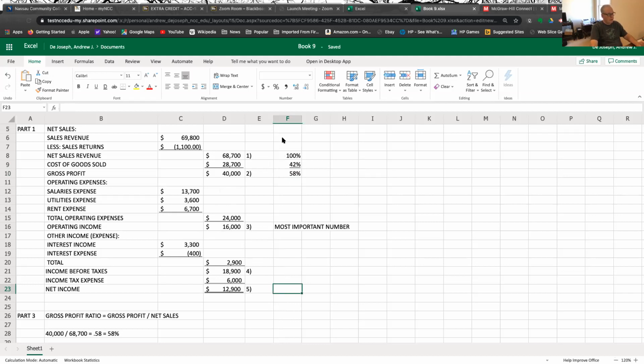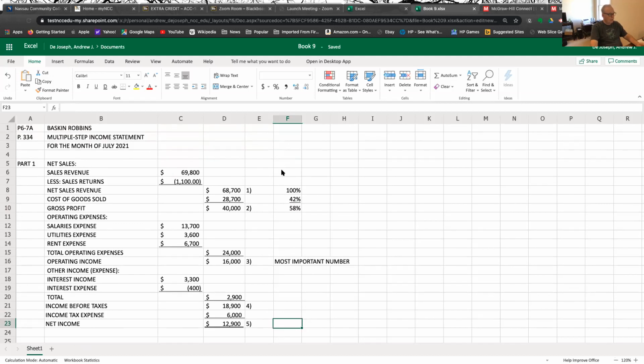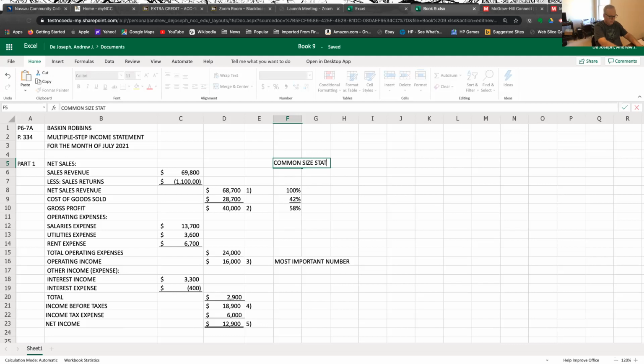Sometimes you'll see financial statements like this, and when you see them expressed as percentages, it's called a common size statement. Because think about it for a second.